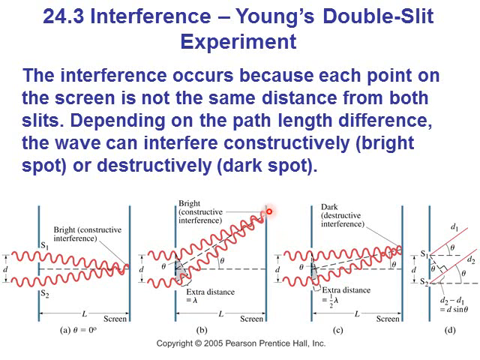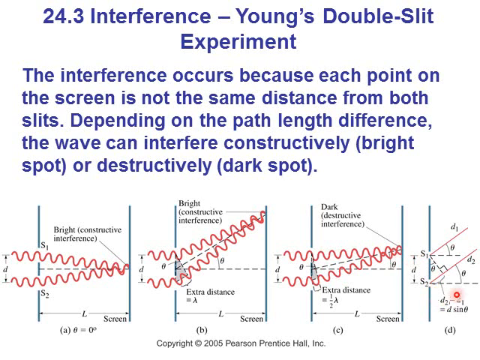If you're one wavelength shifted by the time you hit your screen, beautiful, you're back in phase, and you get a bright spot. It's only if you're an extra half a wavelength off that your crest is going to hit your trough. The crest of this one hits the trough of this one, and what you see there is a dark spot. They interfere and cancel each other out.